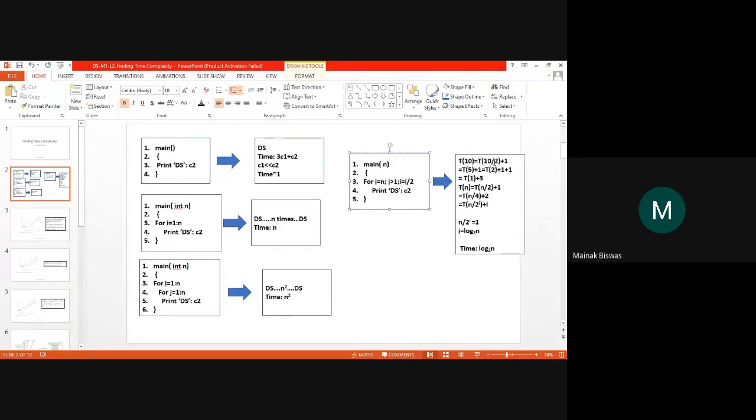It prints DS, which took 1 second, and then N's value becomes 10 by 2, which is 5. Then it runs again forward, and 5 by 2 is 2.5, but as an integer we cut that 0.5 out. So it will again print.